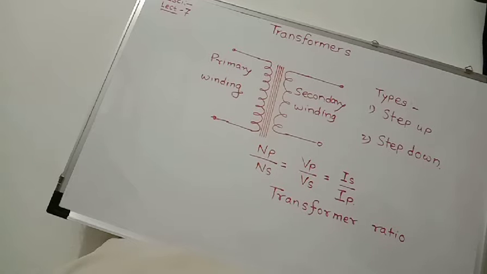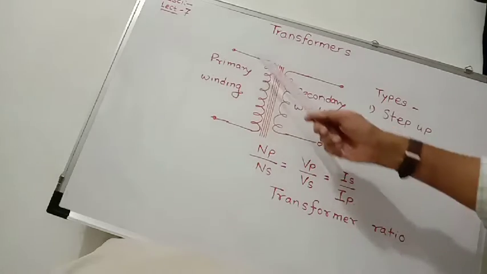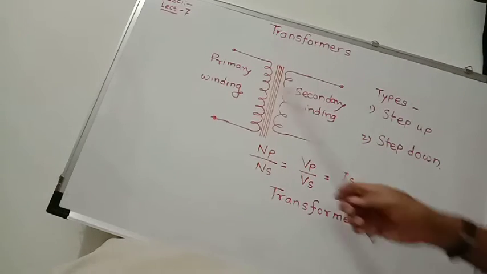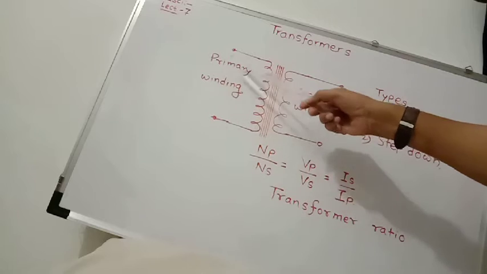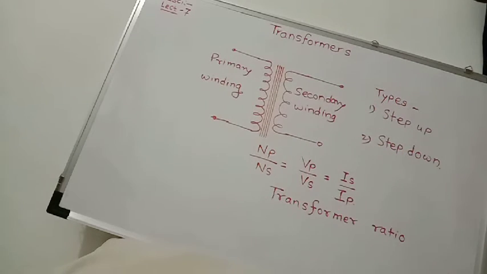Okay. Now the transformer working principle. What is the working principle? When AC voltage is applied to the primary winding, AC current flows through the primary, and therefore a changing magnetic flux is produced, which cuts the secondary winding.